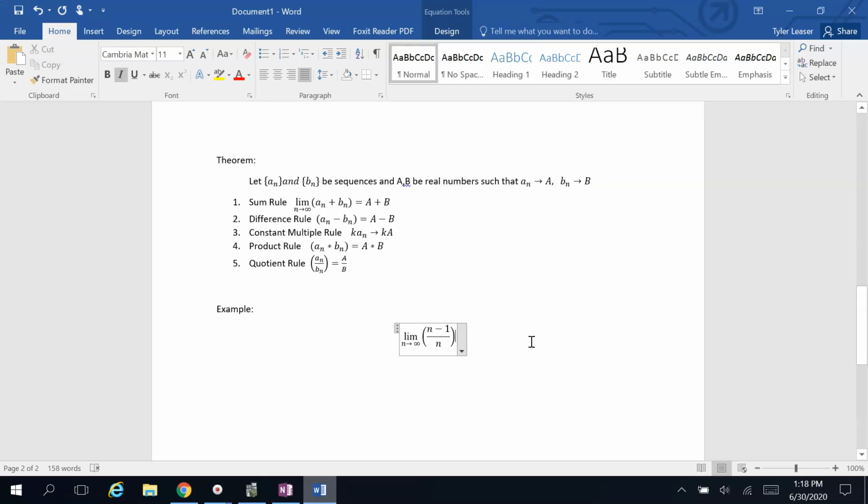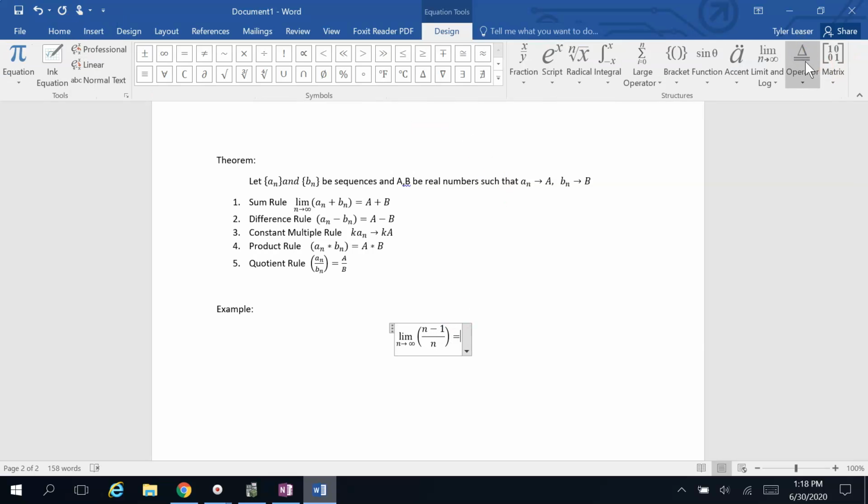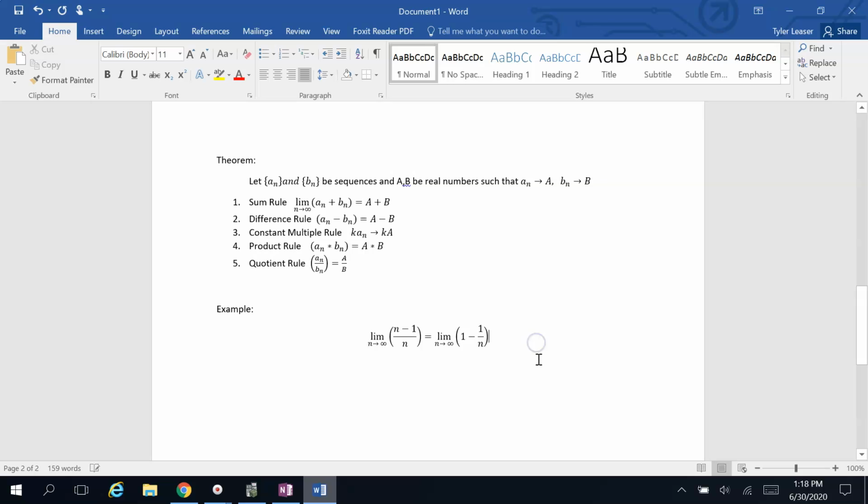What we would do here is break this up, still doing the limit as n goes to infinity. I have two terms up top and then just a single term in the bottom, so I'm going to divide each of these by n. n divided by n is 1. That's going to be minus 1 divided by n. So I'm just rewriting my quotient like this.